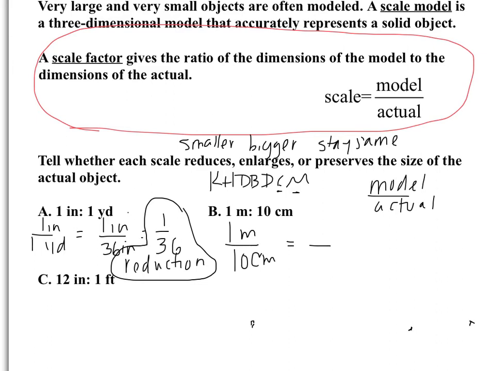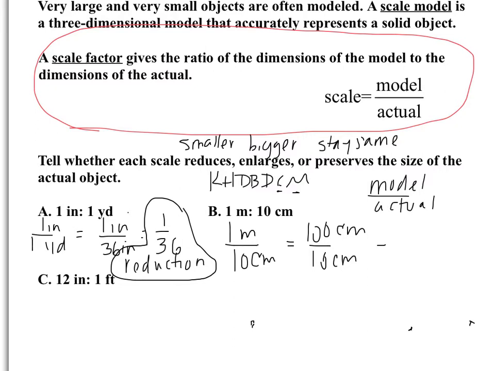So if we need to turn them both into centimeters, 1 meter is equal to 100 centimeters. Okay, so 1 meter is equal to 100 centimeters, and then we keep the 10 centimeters that was already there because it's already in the right units.